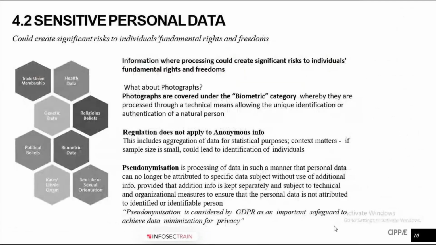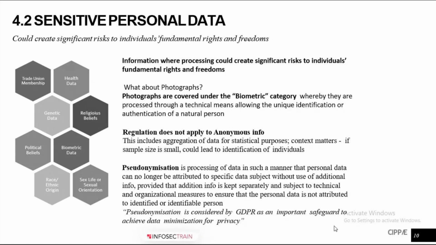So we have sensitive personal data. In GDPR, we have around eight special categories of sensitive personal data. Some examples include your trade union membership, your affiliation with certain trade unions, your health data, your genetic data.